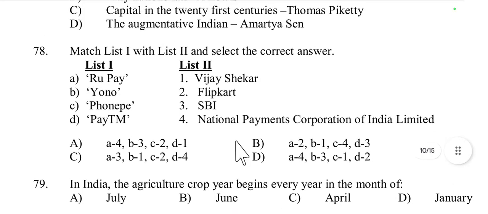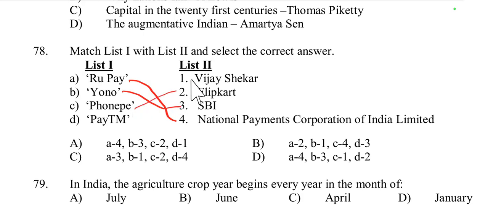Then question number 78. List 1, list 2: RuPay, Yono, PhonePe, Paytm. Yono, SBI Yono. RuPay was introduced by the National Payments Corporation of India Limited. Then PhonePe was invented by Flipkart.